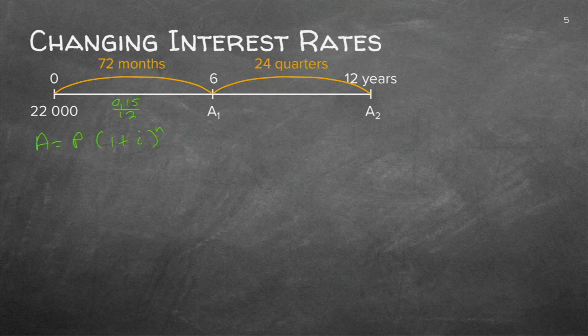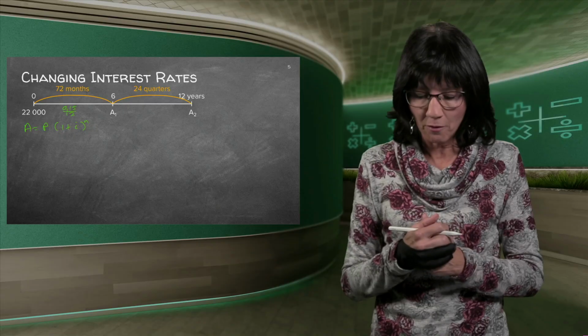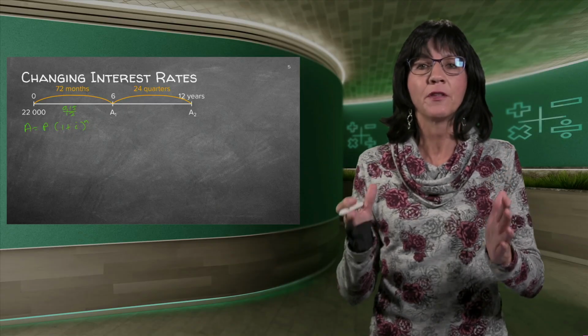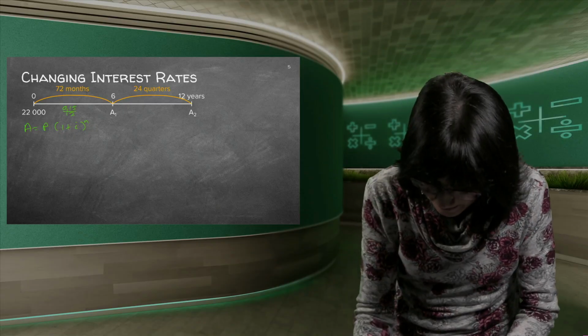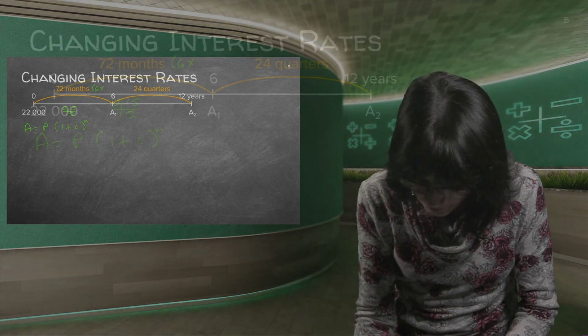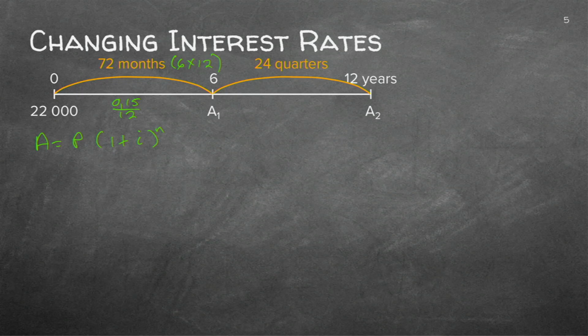Monthly means I'm cutting up my year into 12 pieces. Cutting up in maths means divide by 12. But now how many months are there then in 6 years? Where did they get it from? 6 times 12. So that is where I get my months from. It's 6 years, but because I'm now working with months, it's 6 times 12. That is for the first coach.